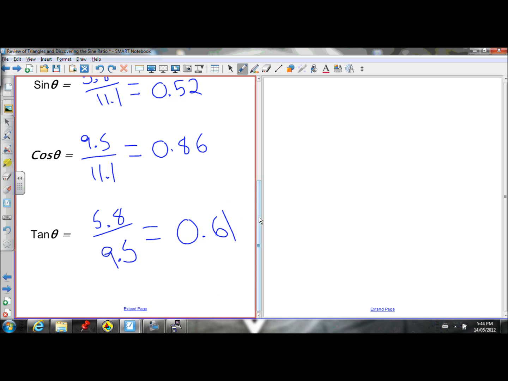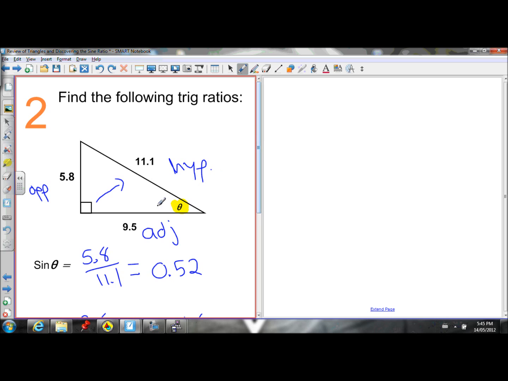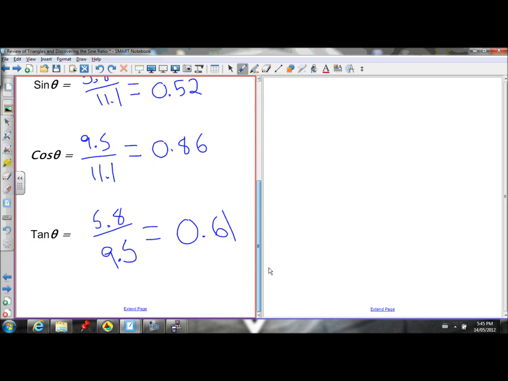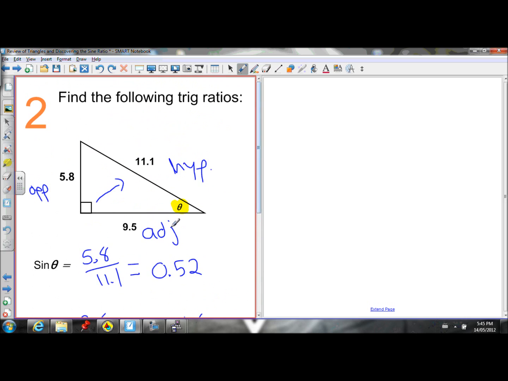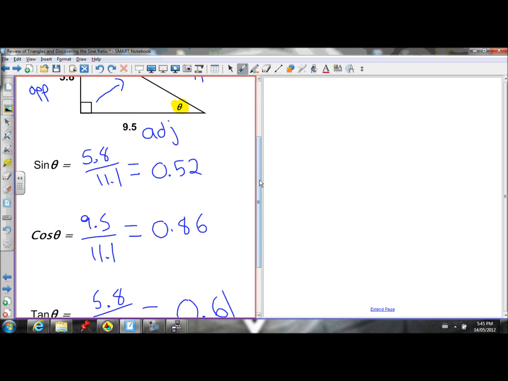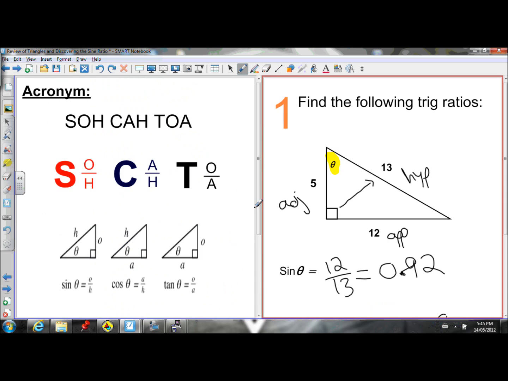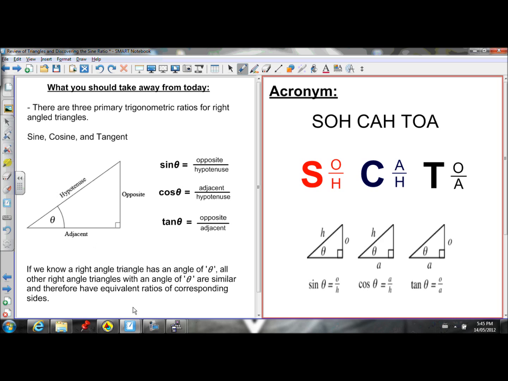That's it for today. Hopefully you understand why we can use these ratios, because every triangle that has the same reference angle is going to have this exact same ratio. Just make sure you have this important slide here. It goes through everything and shows you the 3 ratios.